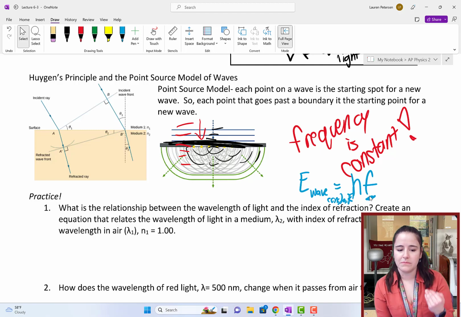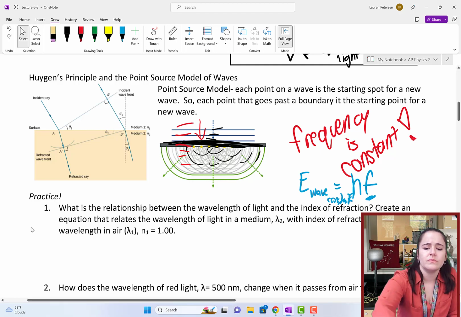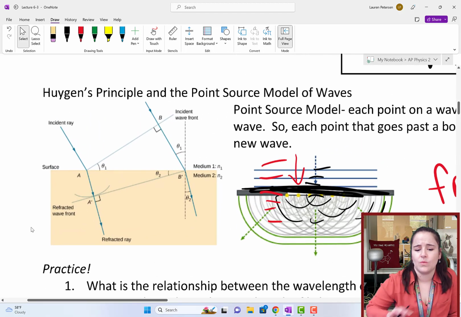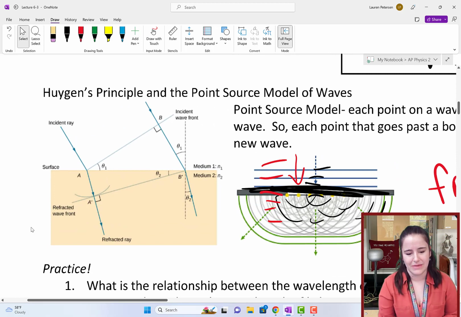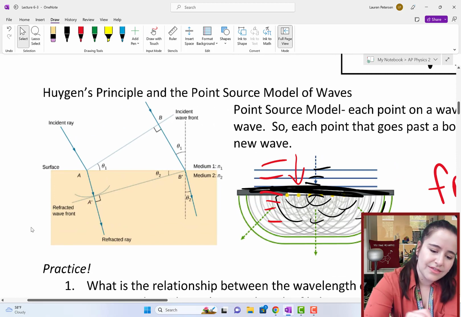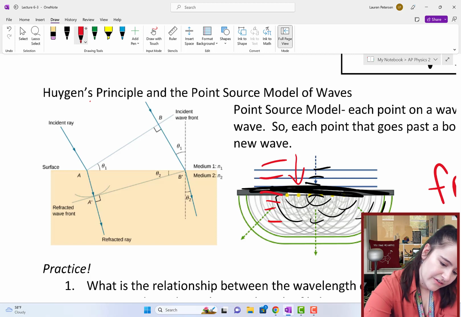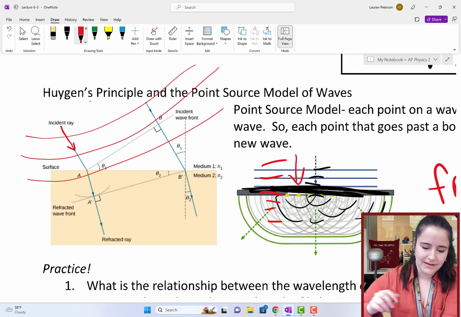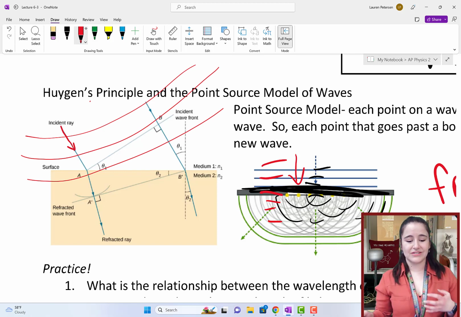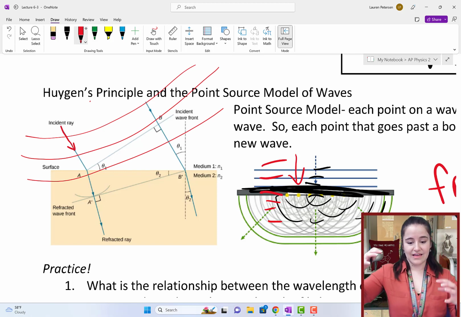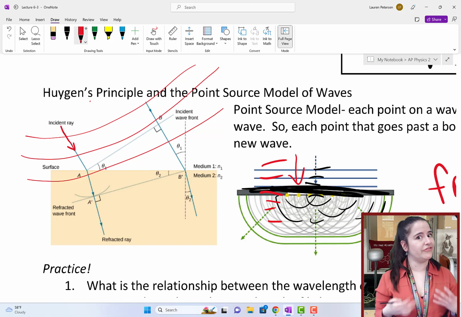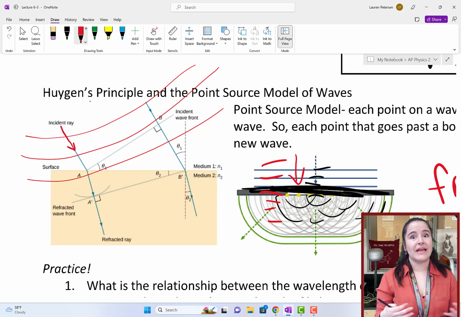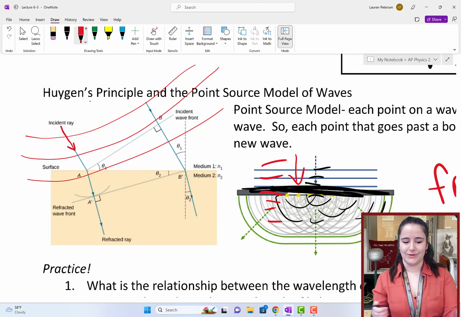The wavefront model will also help us when we are looking at waves entering a new medium. Instead of thinking of the wave as a single wave, we think of it as these wave fronts. That can help us determine where the angle is going to shift when it is refracted, based on whether it speeds up or slows down.